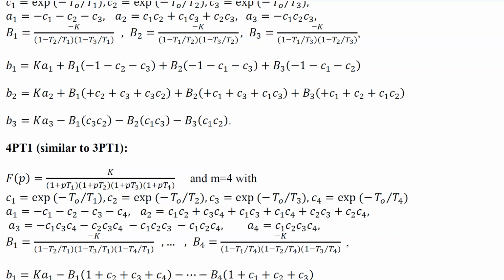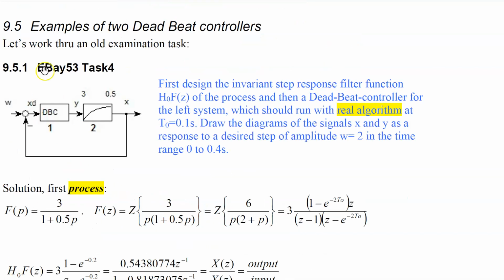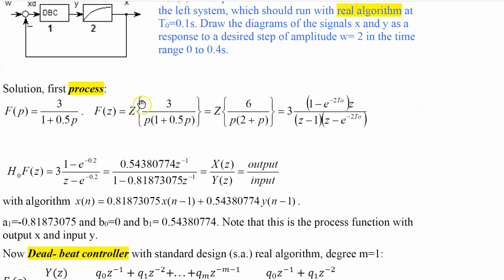Okay, so second order system. Let's have a quick look in chapter 9.5. There I have two examples of deadbeat controller loops. You see this is the same PT1 I have used in my previous videos. Here the example is executed with the real algorithm. Here I have calculated the FFZ with the step response invariant filter version.